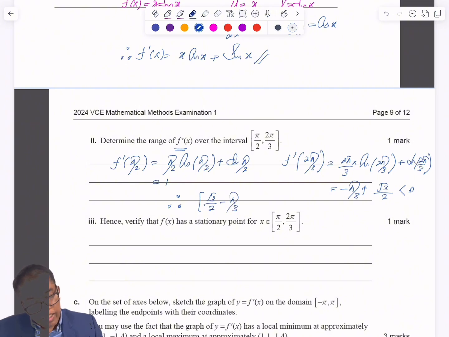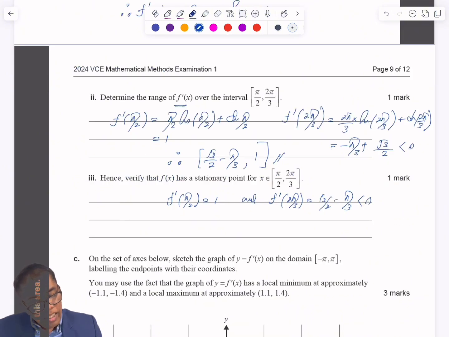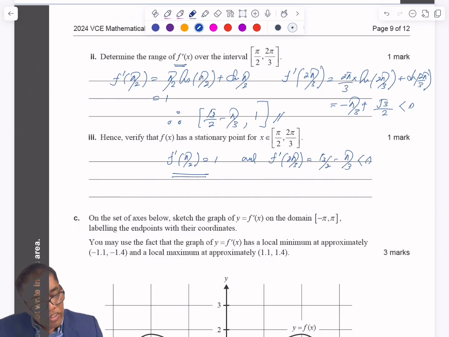Next part of the question: hence, verify that f of x has a stationary point for x in between pi on 2 and 2 pi on 3. We know that f dash of pi on 2 is 1 and f dash of 2 pi on 3 is root 3 over 2 minus pi on 3.